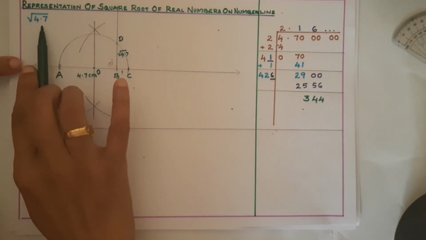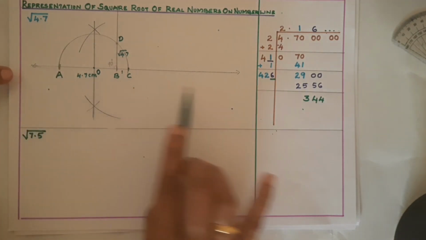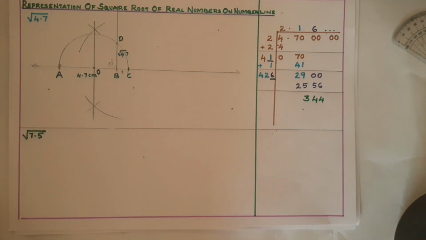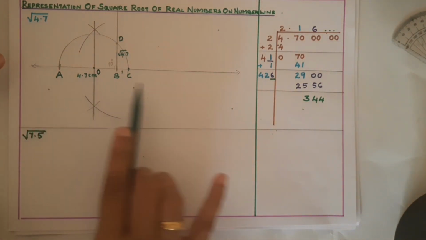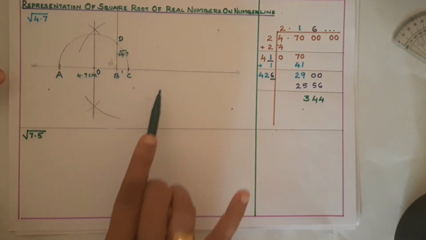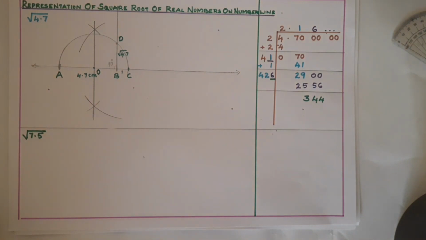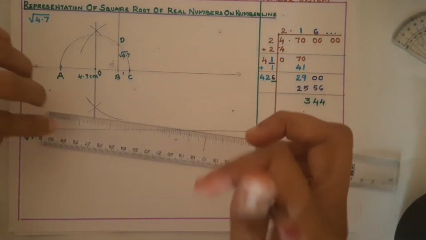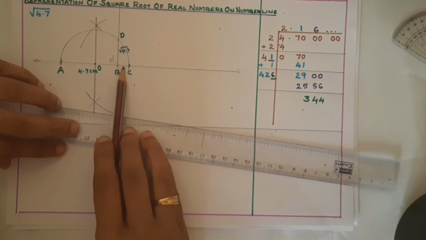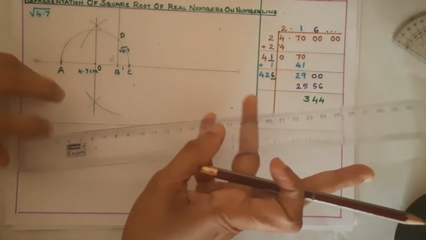But here what is the question? Represent this number on the number line, isn't it? But here we didn't mark the number line. So we should mark the number line, and we have to mark this length on that number line also. See children, here we have taken 1 centimeter.